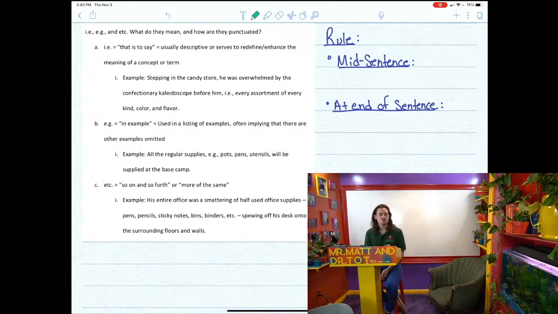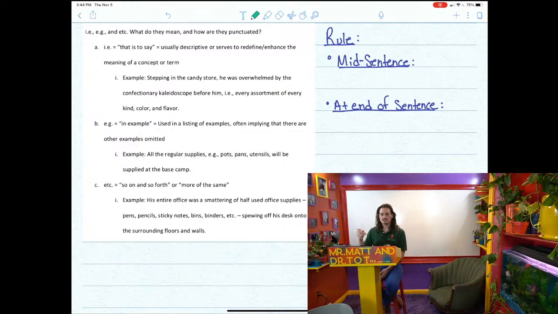And e.g. is usually used when you're listing several items that are examples, and you're also implying that there are many more that you could list, but you're omitting them just for the sake of space or time. So i.e. is usually descriptive, and it serves to redefine or enhance the meaning of a concept or term. So for example, stepping into the candy store, he was overwhelmed by the confectionery kaleidoscope before him, i.e., every assortment of every kind, color, and flavor.